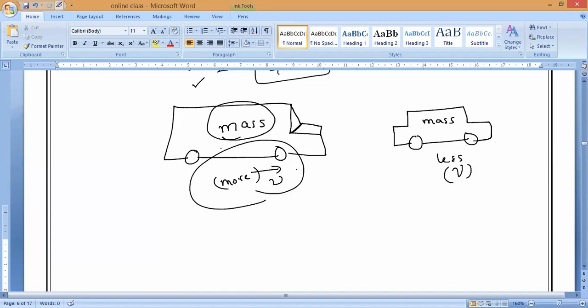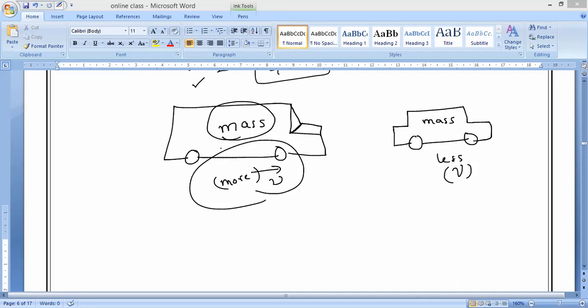Then this body will possess more kinetic energy than slow moving bodies of small mass. That is what you have to remember. So if the mass of the body is more and the velocity is more, then its kinetic energy is also more, and it can do more work than slow moving bodies of small mass. That is what you have to remember.